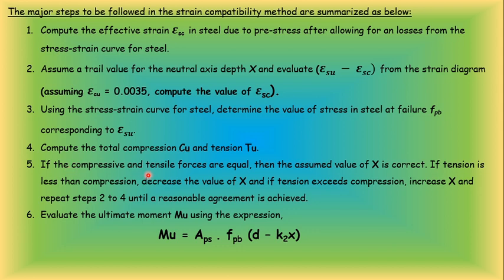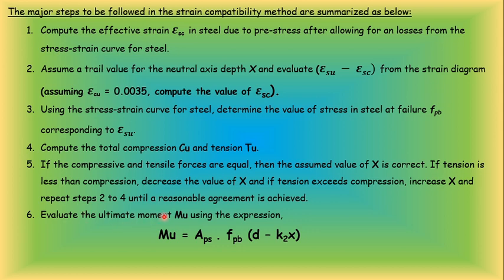If the compressive and tensile forces are equal, then the assumed value of x is correct. x means the depth of neutral axis. If tension is less than compression, decrease the value of x, and if tension exceeds compression, increase x and repeat the steps from 2 to 4 to a reasonable level.